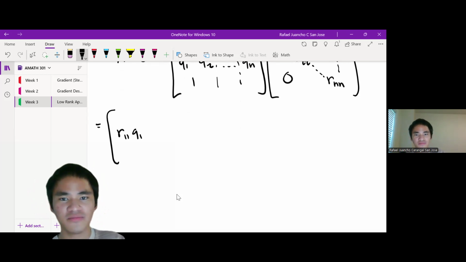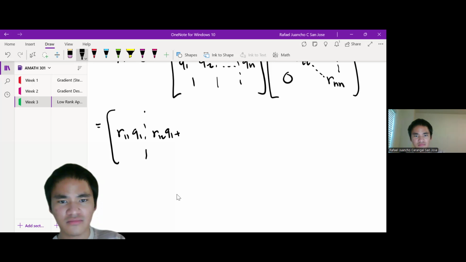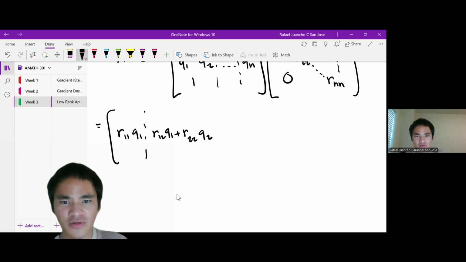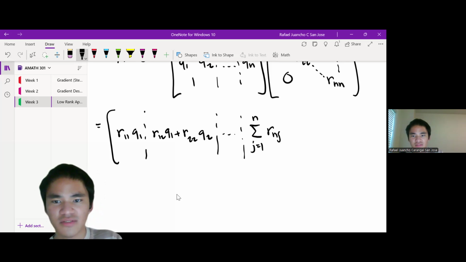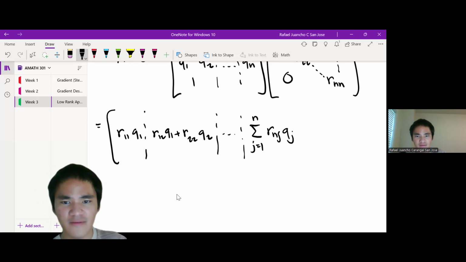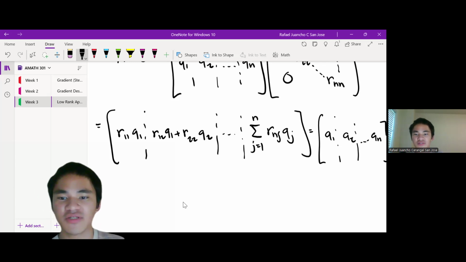We would get R11Q1, plus R22Q2, and then I go all the way and I get the summation, let's say it goes to n, j starts at 1, of R_nj Q_j. And this is basically just equal to my matrix A, that whole thing.